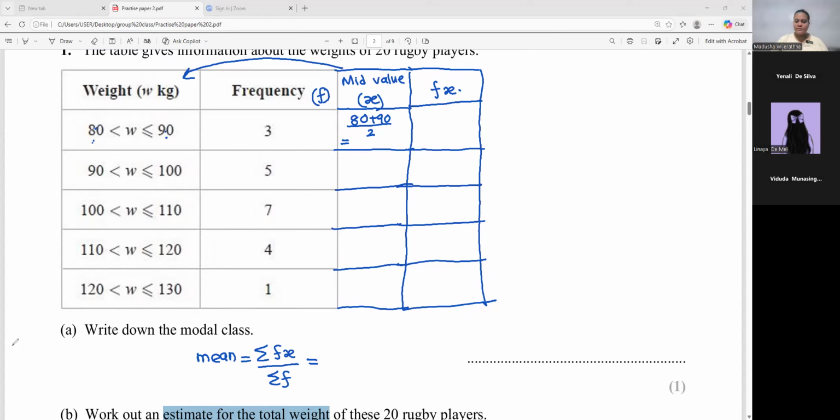80 plus 90 divided by 2 is 85, the middle value of the class interval. Next one, 90 and 100, middle value is 95. Then 105, 115, 125. Then multiply frequencies and these x values times them.